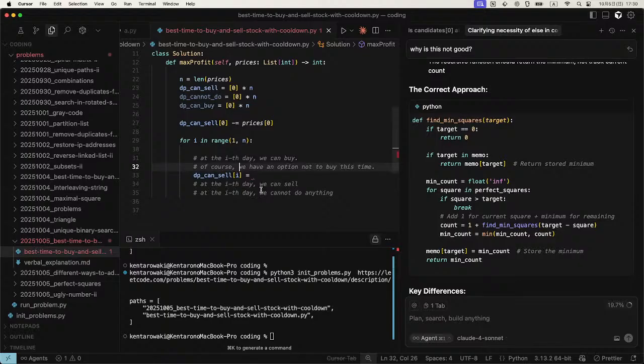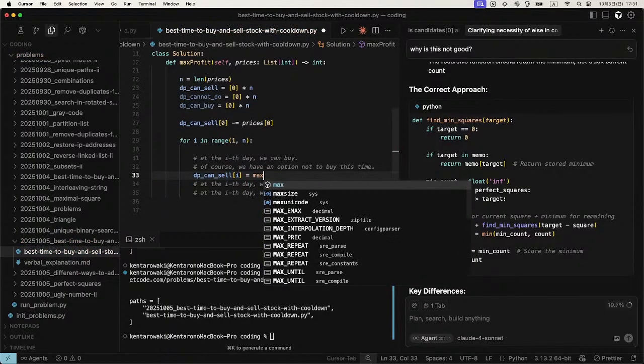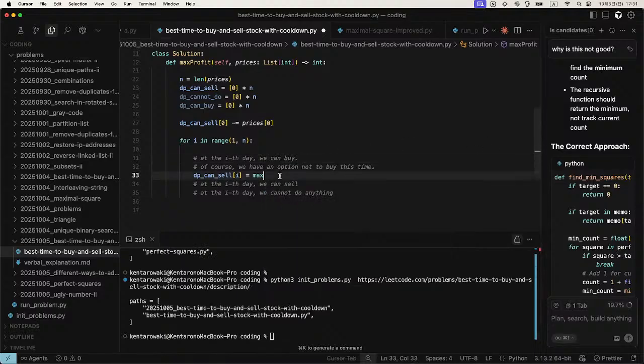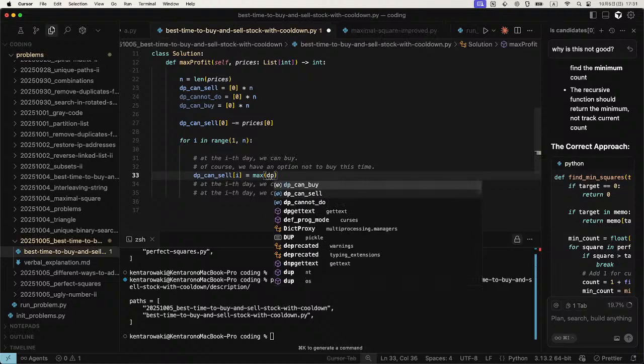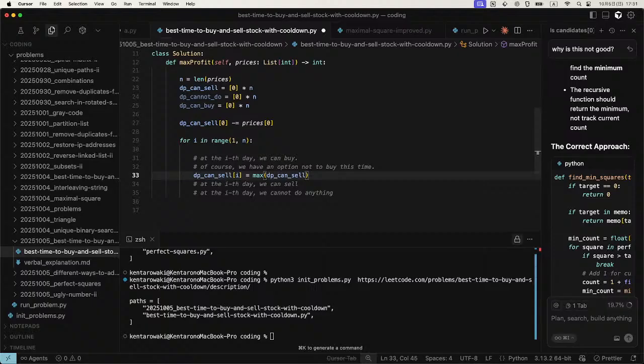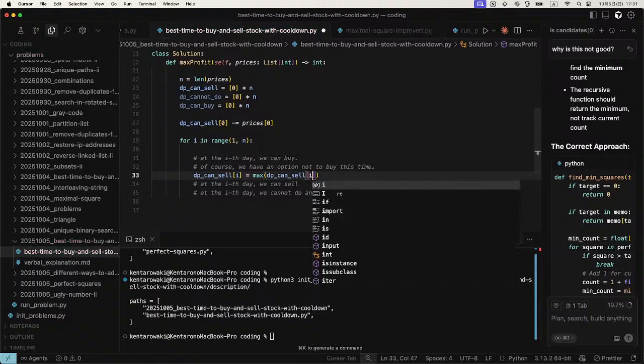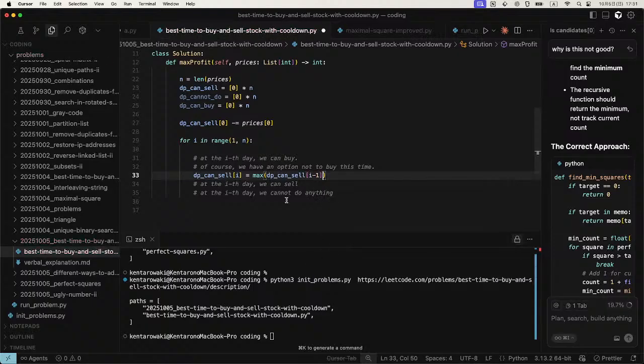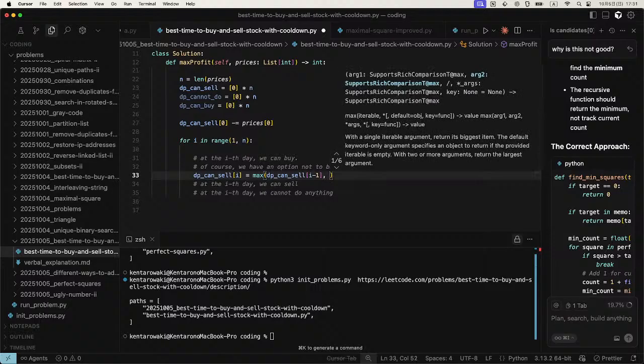So there are two patterns. So we choose the max profit when we still have a share of stock, or we buy the share of stock.